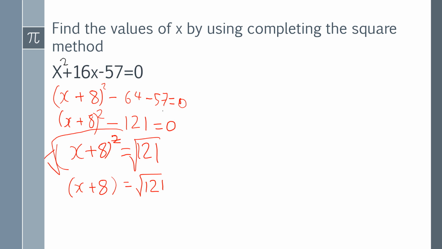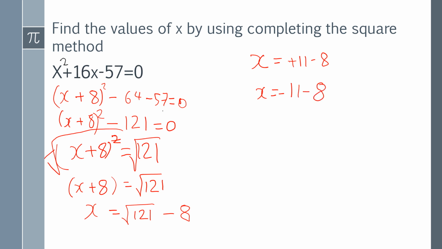Then you subtract 8 from both sides, so x equals square root 121 minus 8. So x will either be plus 11 minus 8, or it will be minus 11 minus 8, because you know how when you square root a number, you get plus or minus that number. So plus 11 minus 8 is 3, so x is either equal to 3 or x equal to minus 19. These are the two values of x.